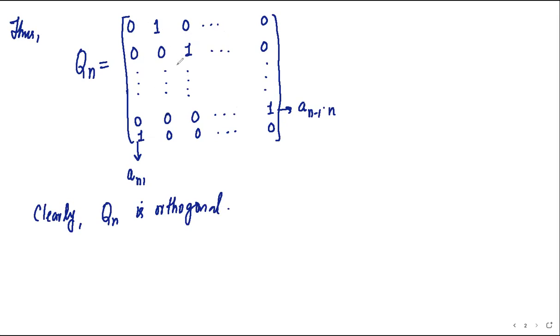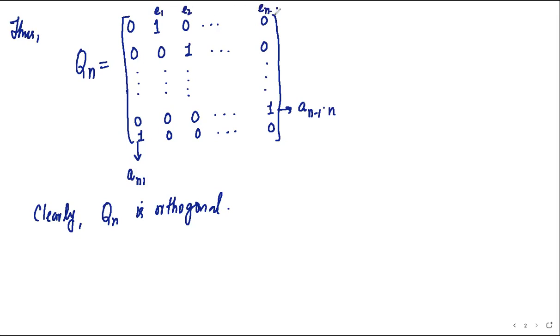So all these rows and columns are the unit vectors from Rn, and in fact they form the standard basis. Like if we first take the second column, then third column, then n minus 1 column, and the last coordinate as the first column, then this is actually E1, this is E2, so on.